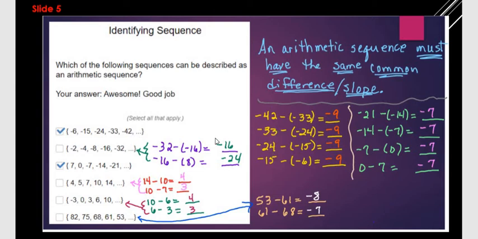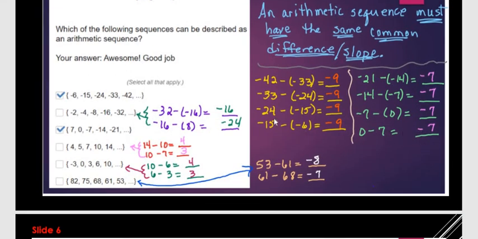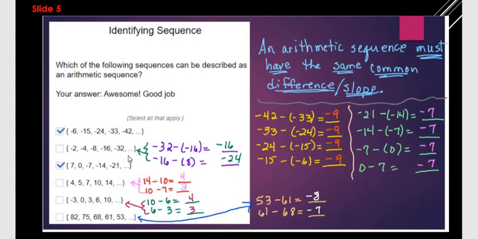And you go all the way through here, because sometimes some of these sequences, they like to trick you, and they'll put an odd number every so often in here, and it will give you a different common difference. So the first one, though, you see is the same common difference of a negative 9 all the way through. And then this third one will give you the same common difference. So these are your two answers that you have right here.